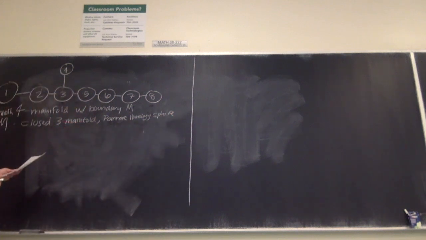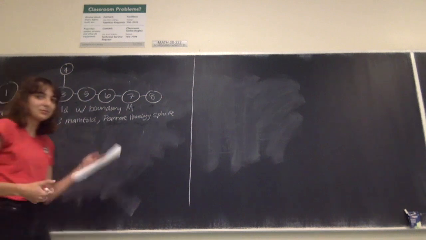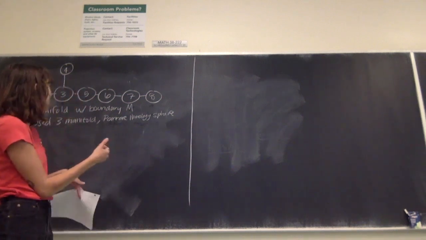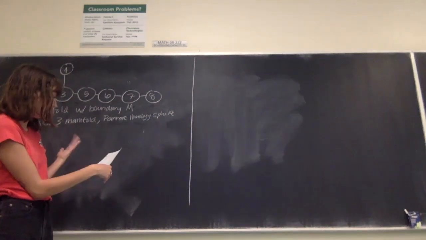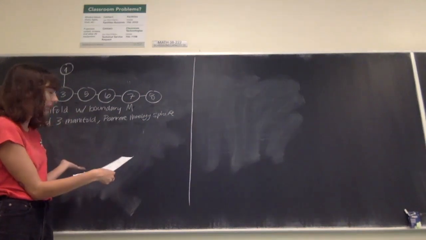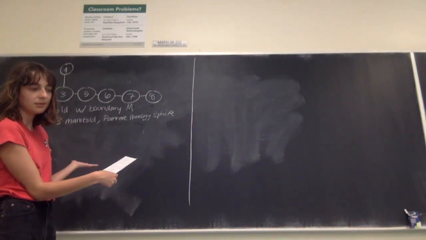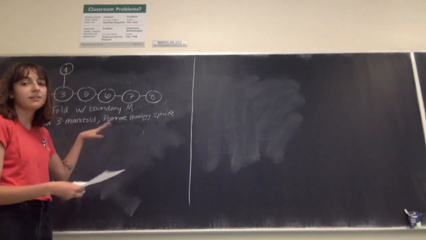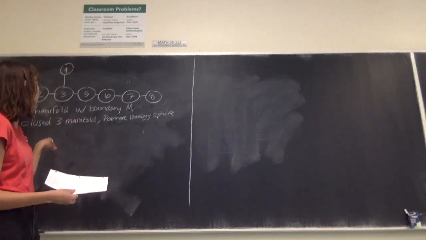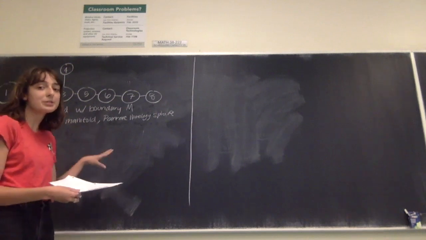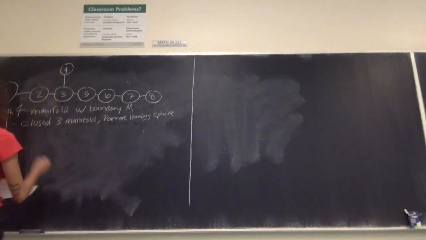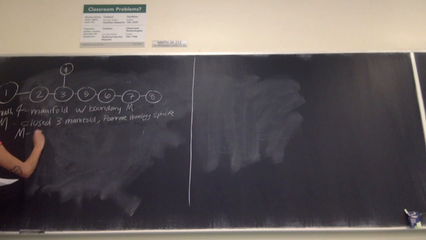So in a little bit, Xiao's going to calculate the homology group of this and find that it's the same as a regular three-sphere. However, this differs from a regular three-sphere in that it is not a homotopy three-sphere because M is not simply connected.